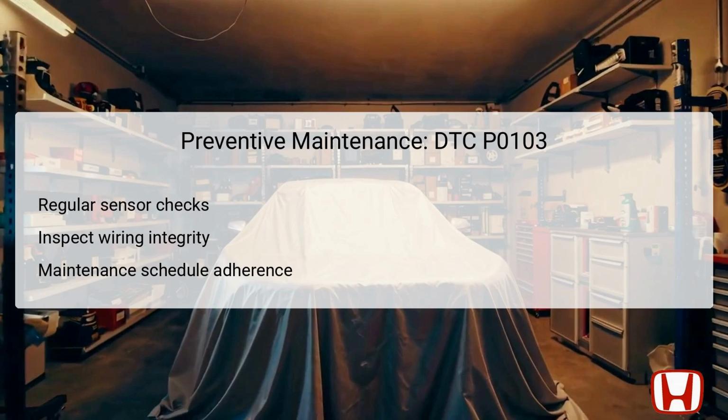Additionally, adhering to the manufacturer's maintenance schedule is important for optimal vehicle performance. Keeping an eye on potential wear and tear, especially in high-use scenarios, can help mitigate problems associated with the air intake system. Having a proactive approach to maintenance will save time and costs by reducing unexpected breakdowns.